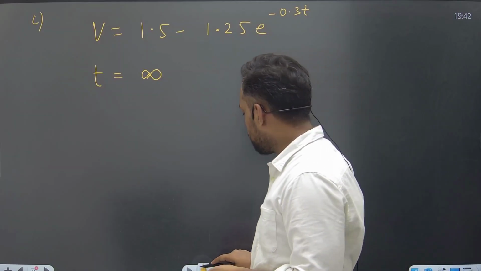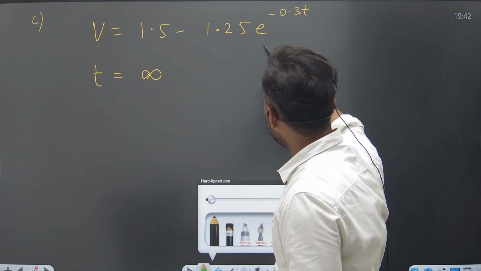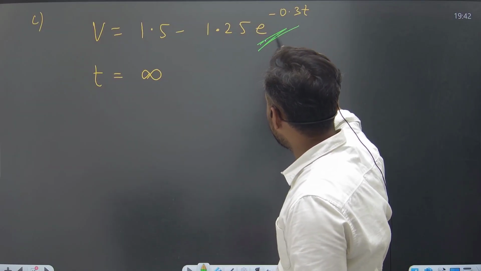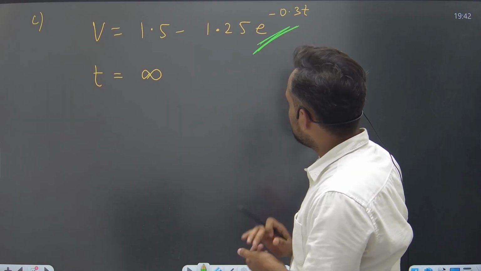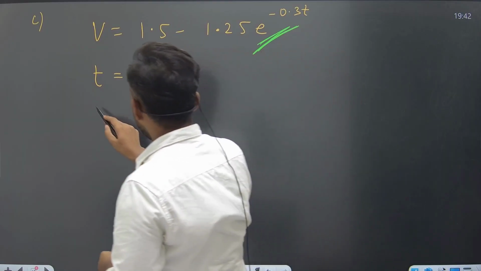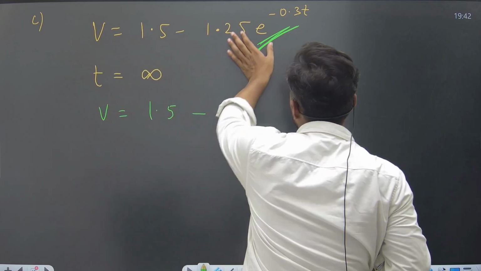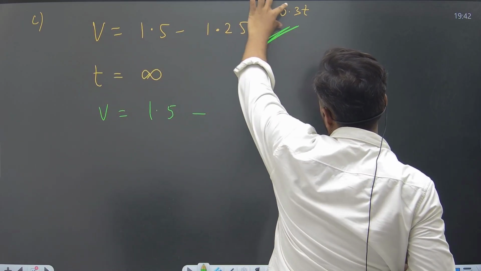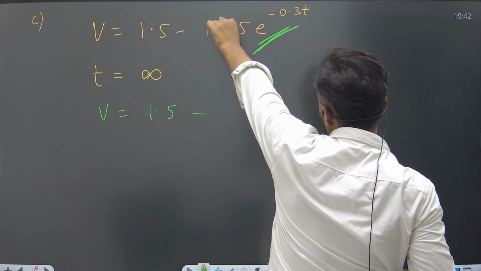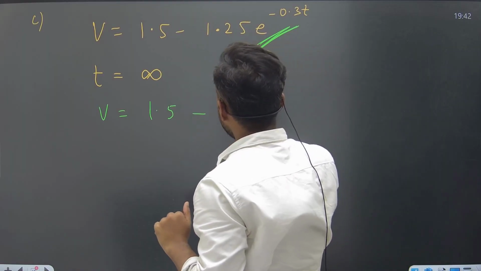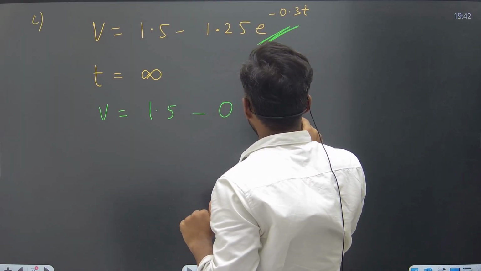So after plugging the value of t equals infinity in this particular term, we get v equals 1.5 minus e to the power negative infinity, which will be 0. So 0 cross 1.25 will be 0, so v will be 1.5.